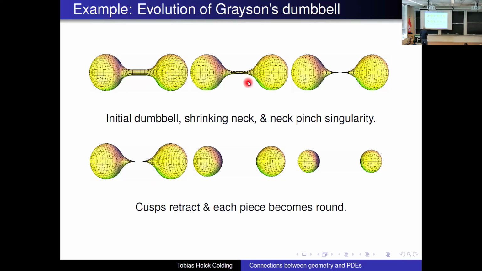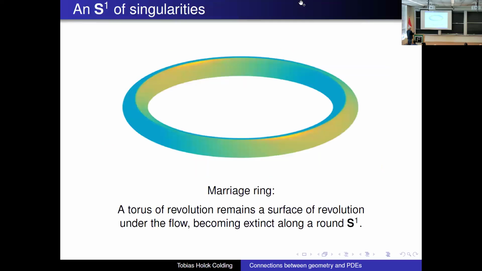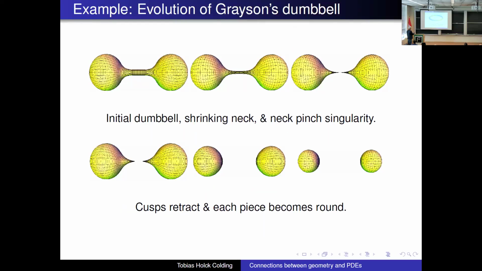So what you see in this example is that because the curvature of the neck is very large, the neck will shrink off. It will pinch off first. The bells will shrink, but they won't shrink very much before the neck has actually pinched off.